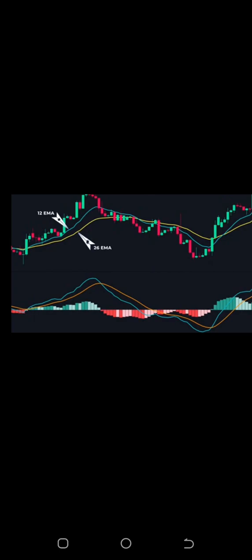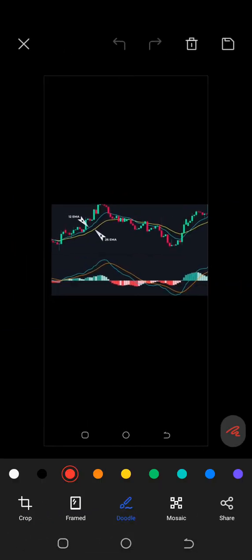So this means that whenever the 12 EMA is above, so you see the turquoise, the one above where the arrow is showing, this is the 12 moving average. So we are taking the turquoise color as the 12 EMA.